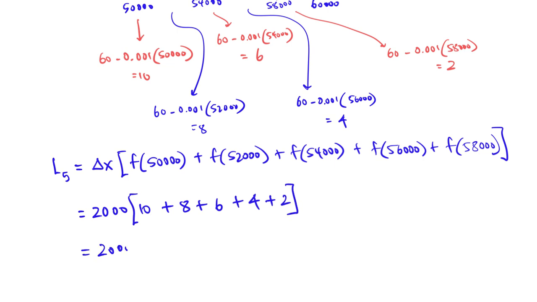This is 2,000 times, 8 plus 2 is 10, 6 plus 4 is 10, so 10 plus 10 plus 10 is 30, and so we end up with 60,000. This will be the additional hourly profit.